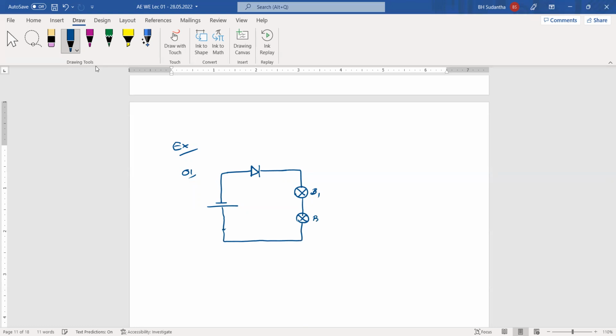We can say this is V1 and V2. And the second problem: we have two bulbs, assuming that this is a 3-volt bulb and this is a 5-volt battery.